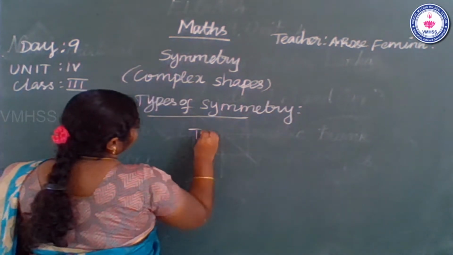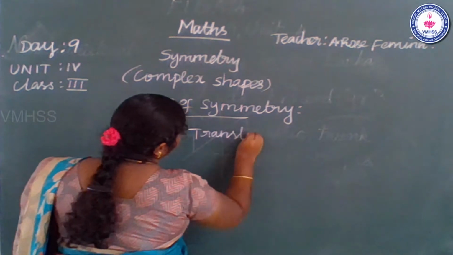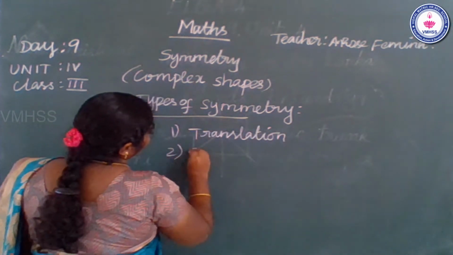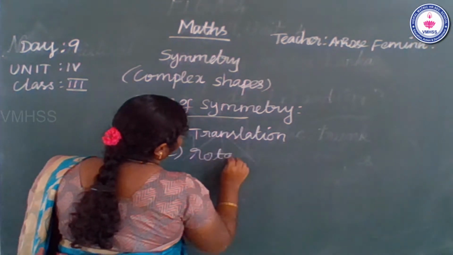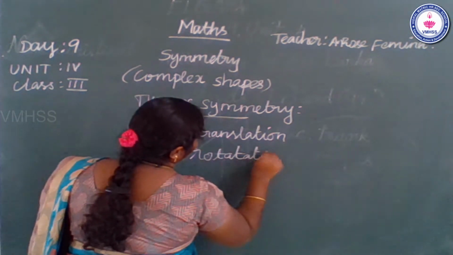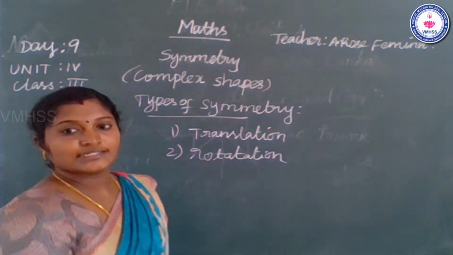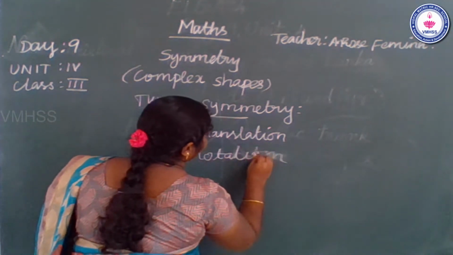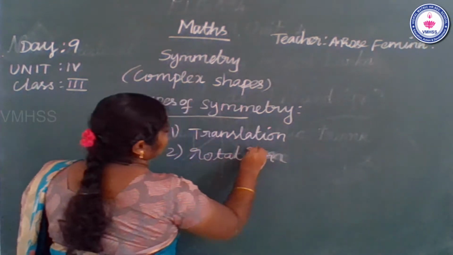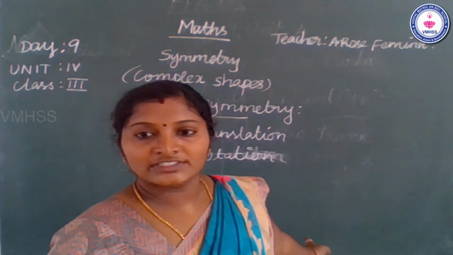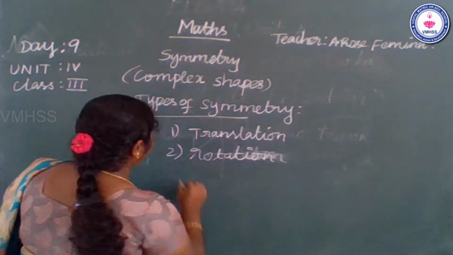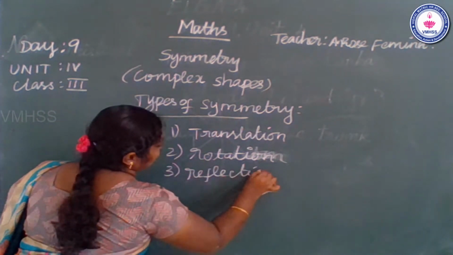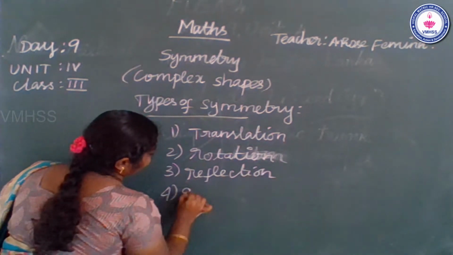So, translation is the first one. The second one is rotation. Then reflection. The fourth one is glide reflection.